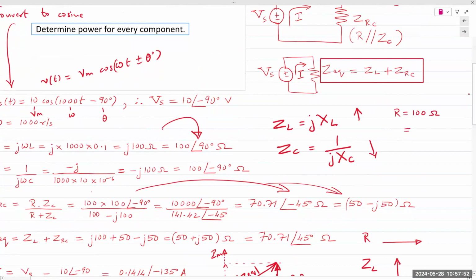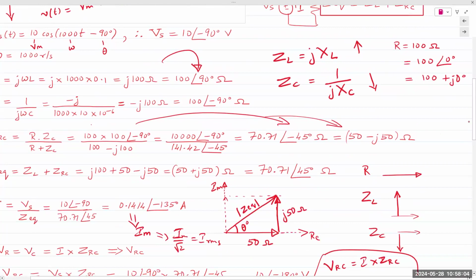In polar coordinates, you can write this as 100 with an angle of 0, in rectangular coordinates plus j0. Right? Resistance doesn't have any phase difference between the voltage and current. Always lies flat on the x-axis, 0 degrees, with respect to its current, I mean. So resistance is 100 ohms.